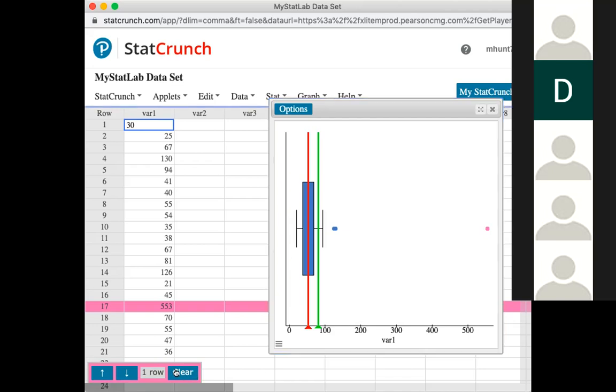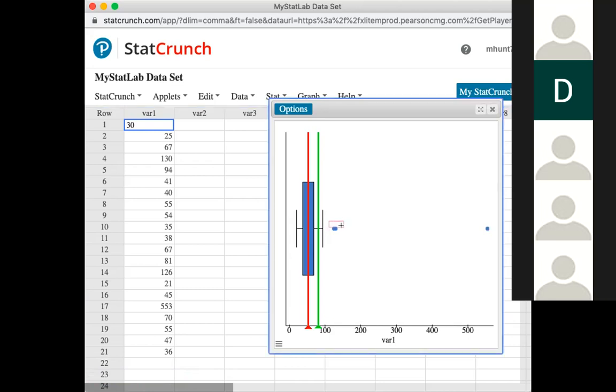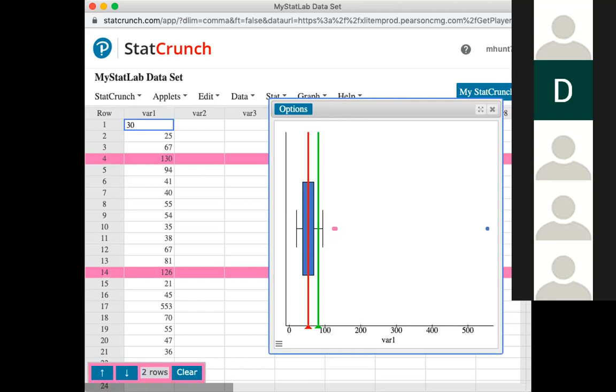I want to clear that and investigate these 2 guys. I think there's 2 dots there. There are. There was a year when there were 130 deaths and a year when there was 126. And that, by all accounts, is unusual.